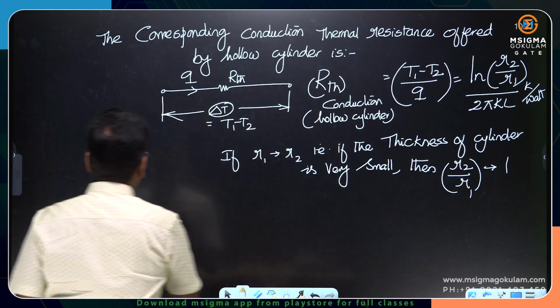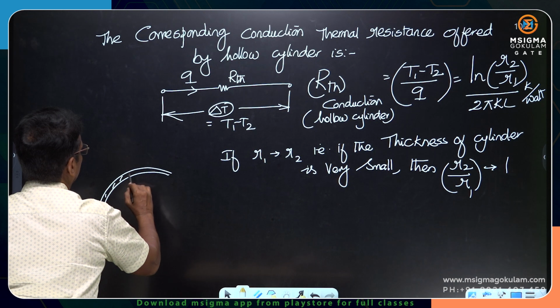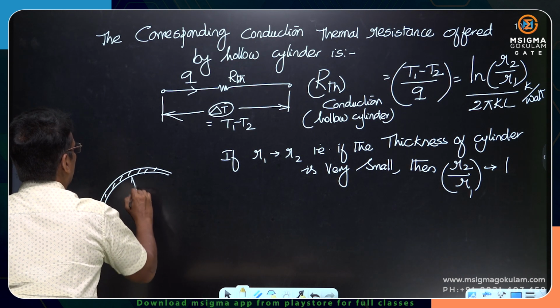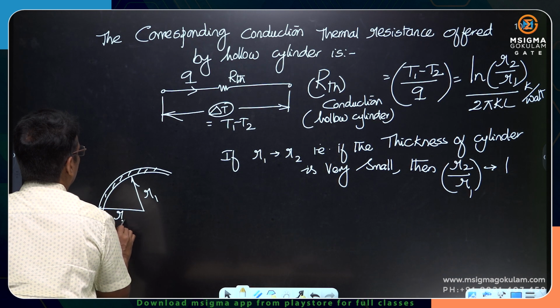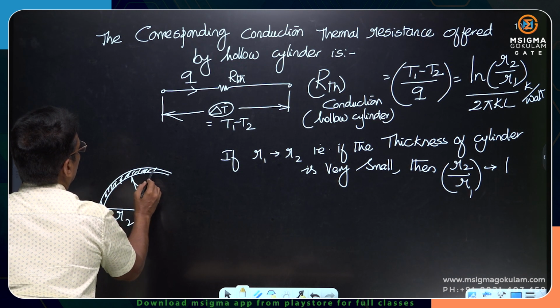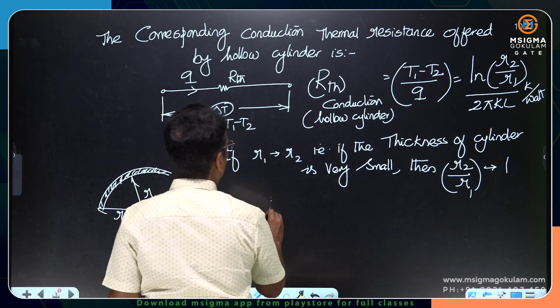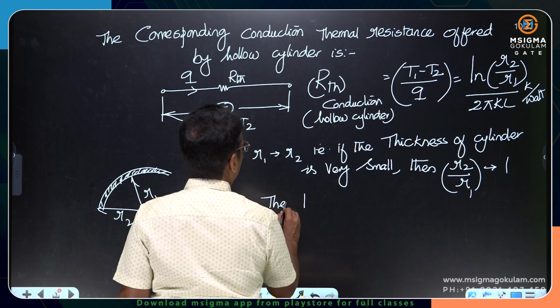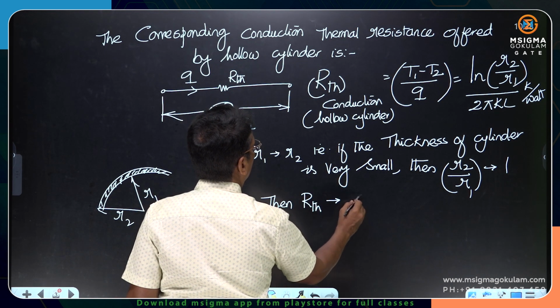If this is R1 and this is R2, and the thickness is very small, the R2 by R1 ratio will be tending to 1. So then the thermal resistance also will be tending to 0.